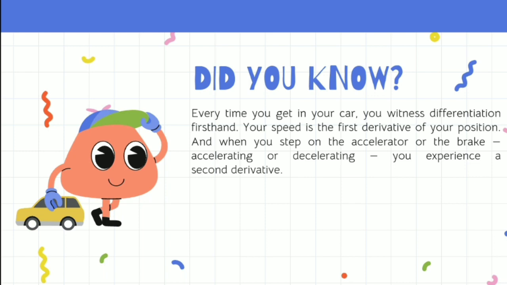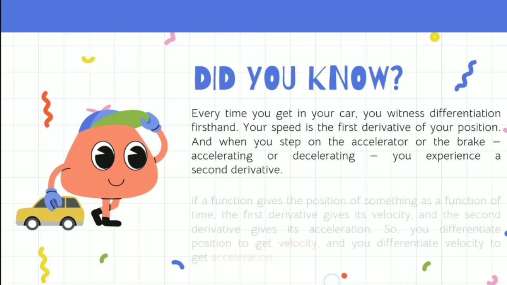So guys, every time you get in your car, you witness differentiation. Your speed is the first derivative of your position. And when you step on the accelerator or the brake, accelerating or decelerating, you experience a second derivative.